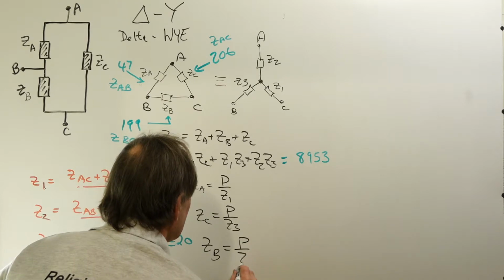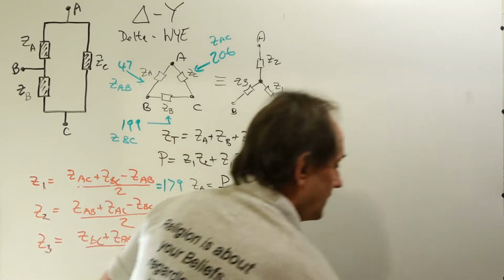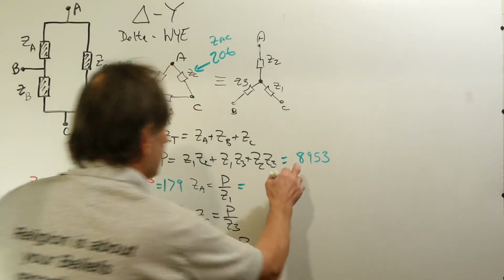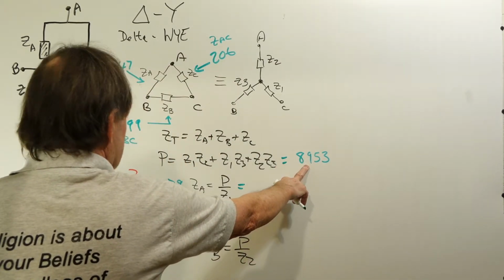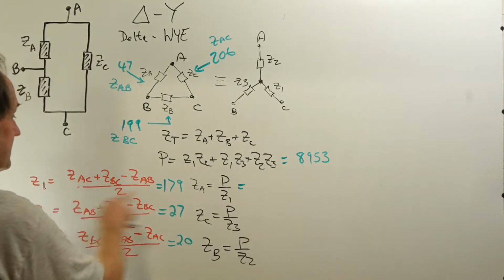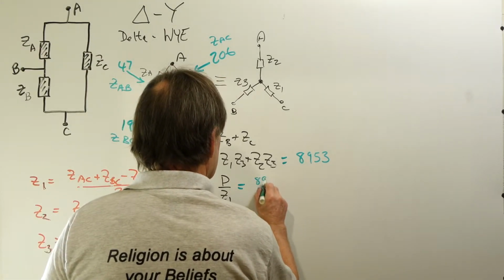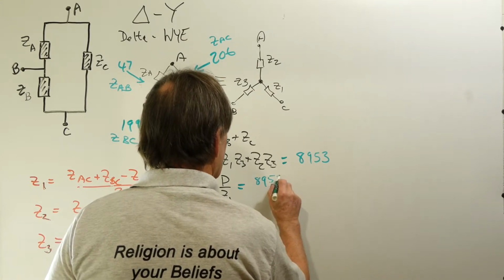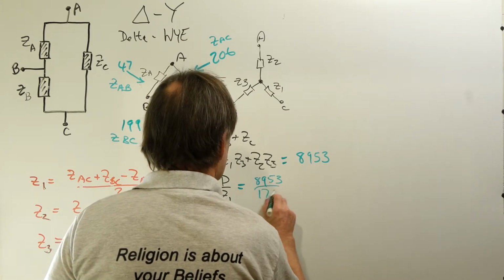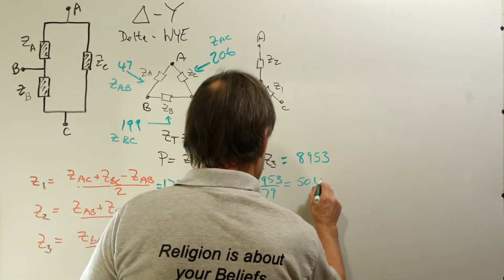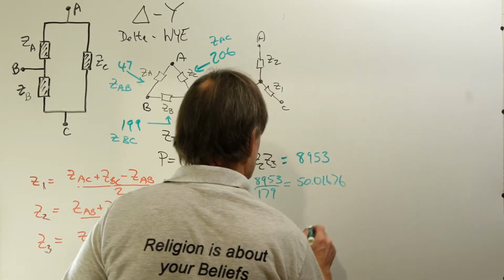ZA is P, which is 8953, divided by Z1, 179. And that comes out to 50.01676.